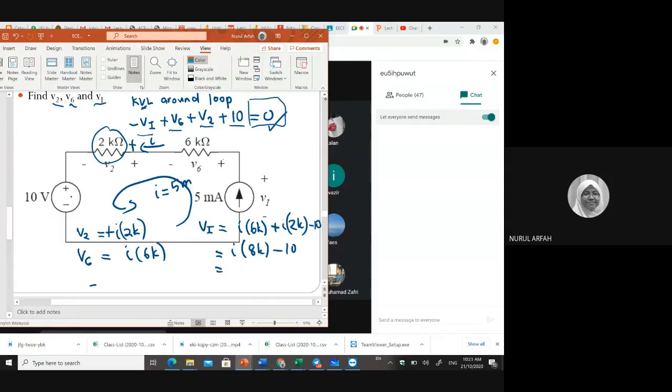So this one is 5 milli into 8K minus 10. You have 40, right? 40 minus 10 is 30. Then what is the unit? Volts. Don't forget the unit. Okay, V1 is done.